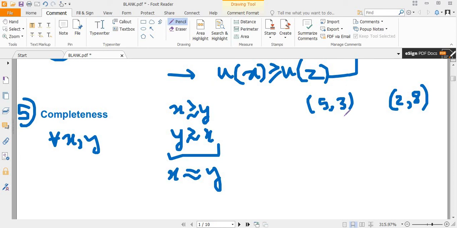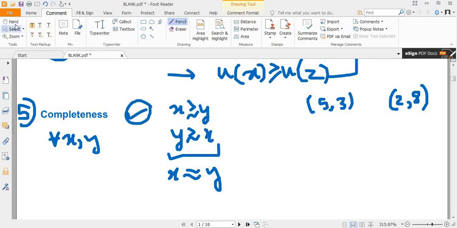Given a rational consumer, there should not be any situation where I cannot say whether I like one commodity bundle over the other. I should have a clear preference. That is as per the basic tenet of rationality. So in this case, the completeness property holds as well.